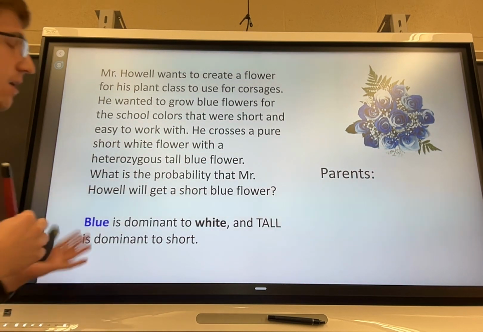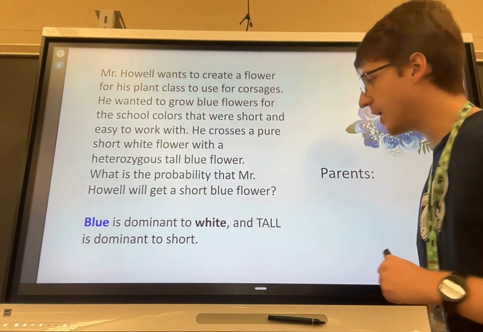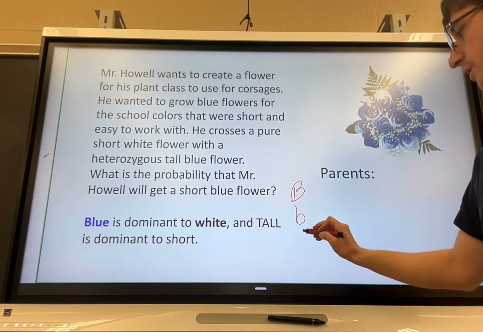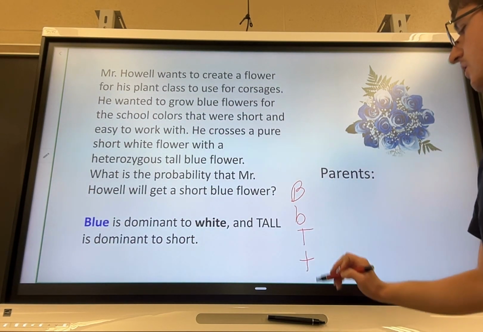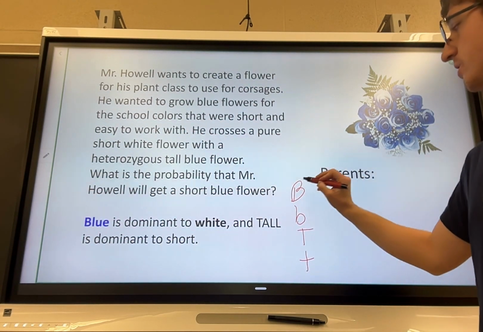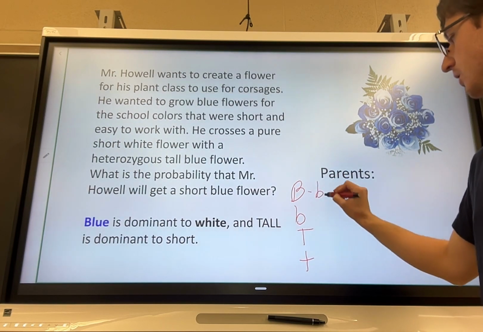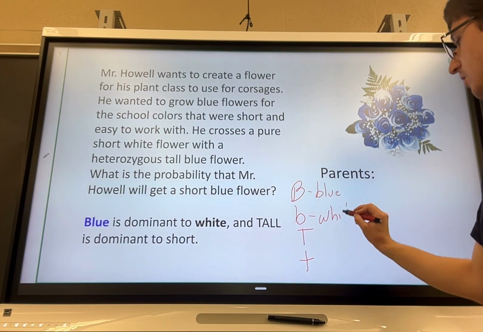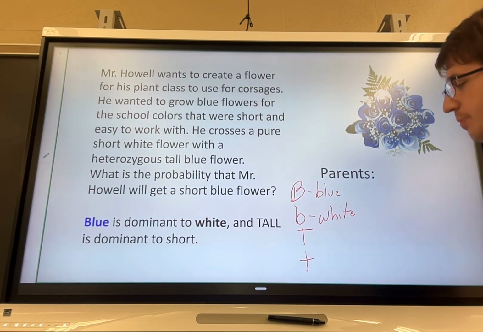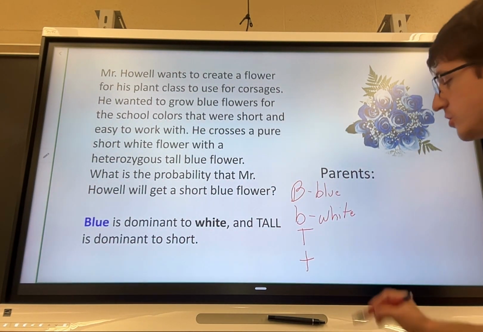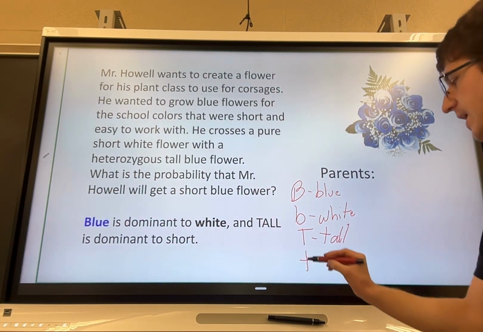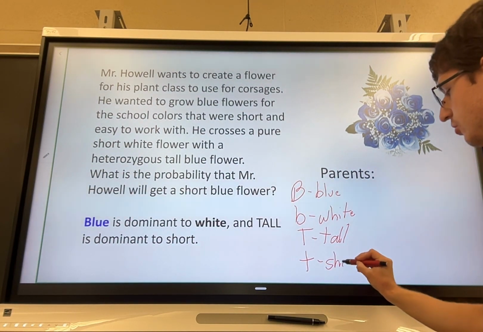So let's start with the parents. We say that B is going to be our color, and T is going to be our height. So blue is dominant. That means blue is big B. White then has to be little b. If tall is dominant to short, big T is going to be tall, and little t will be short.